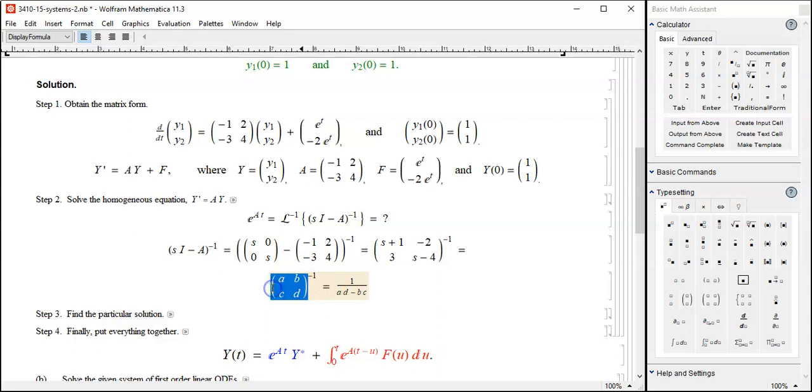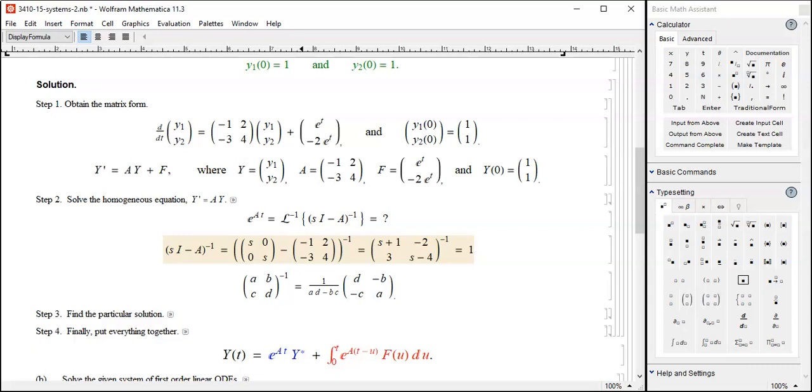And then from this matrix here, we have to switch the principal diagonal. A goes to D, D goes to A, and the others have a sign change. This is the inverse matrix formula that everybody must remember, for 2 by 2 at least, and let's apply that. 1 over AD minus BC.